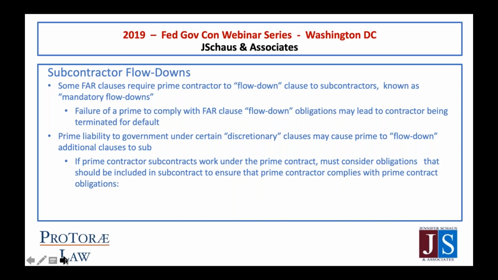And if they don't, they could be terminated for default or even worse, depending on the nature of the particular clause. Now, it may be prudent, and indeed often is prudent, for a prime to flow down other clauses that by their own language don't require to be flowed down to subs, because again, it attaches to the work that the sub is performing, such as if you're going to manufacture a widget and you need to get bolts and screws from China, is there a restriction on doing that, or does the sub have to, quote unquote, buy American and only include in the widget bolts and screws that are manufactured in the United States?